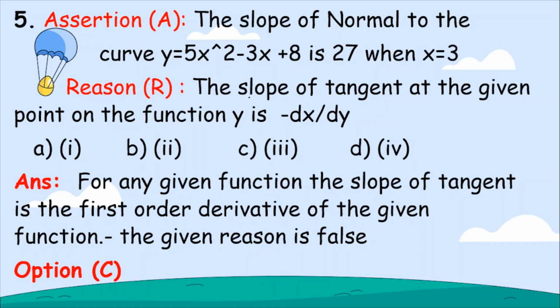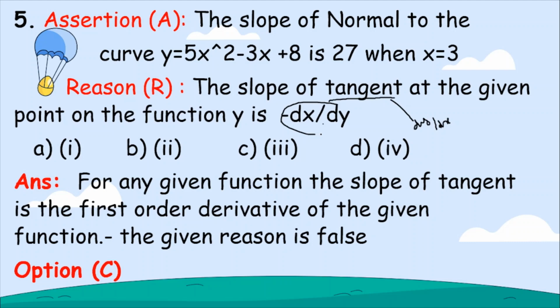Now we go for the reason. The slope of the tangent at the given point on the function y is the slope of the tangent. Actually, the slope of tangent is nothing but dy by dx. I told you, dy by dx. But in the question it is given minus dx by dy.